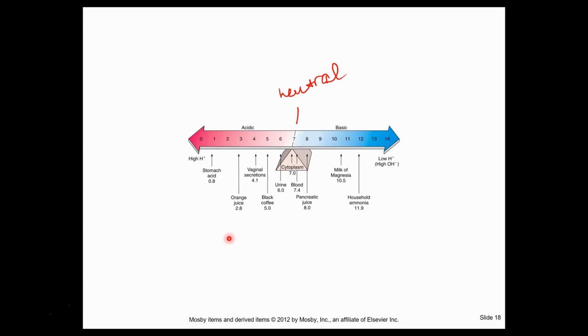And you can look, for example, that your stomach produces pretty strong acid. It's called hydrogen chloride, hydrochloric acid. It's a fairly strong acid, 0.8. Look at the orange juice. It's also fairly acidic, 2.8, and so forth. Our urine is slightly acidic. Do you think it's good or bad for our urine to be slightly acidic?